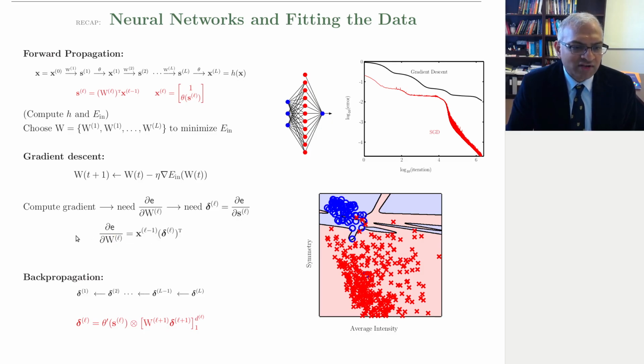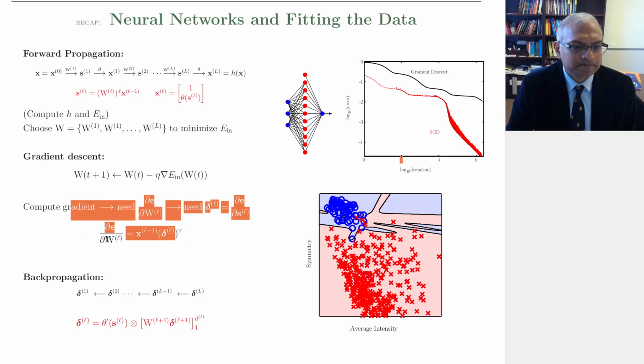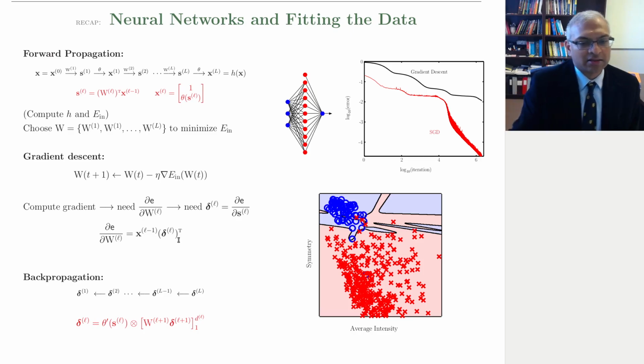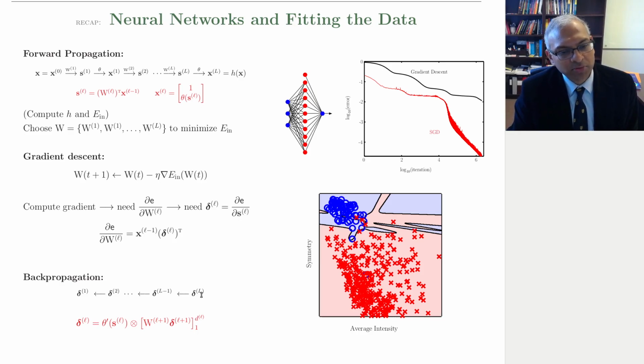We derived this fundamental equation: the derivative of the error with respect to the weights is the output of the previous layer multiplied by a sensitivity, delta L, that's specific to the layer into which the weights are going. The meat of the backpropagation algorithm is a dynamic program, a backwards flowing algorithm that starts by computing delta for the output layer and then goes backwards one by one and computes all the deltas.